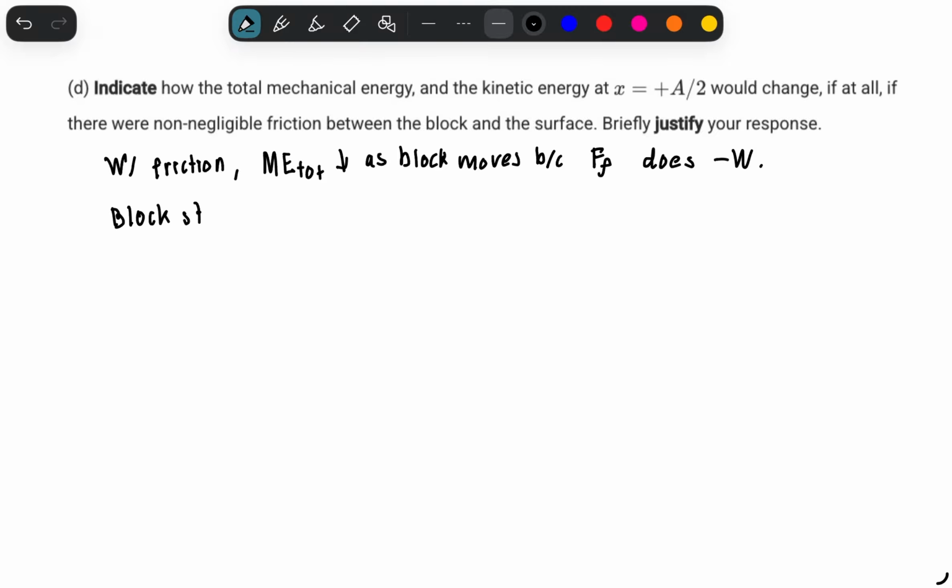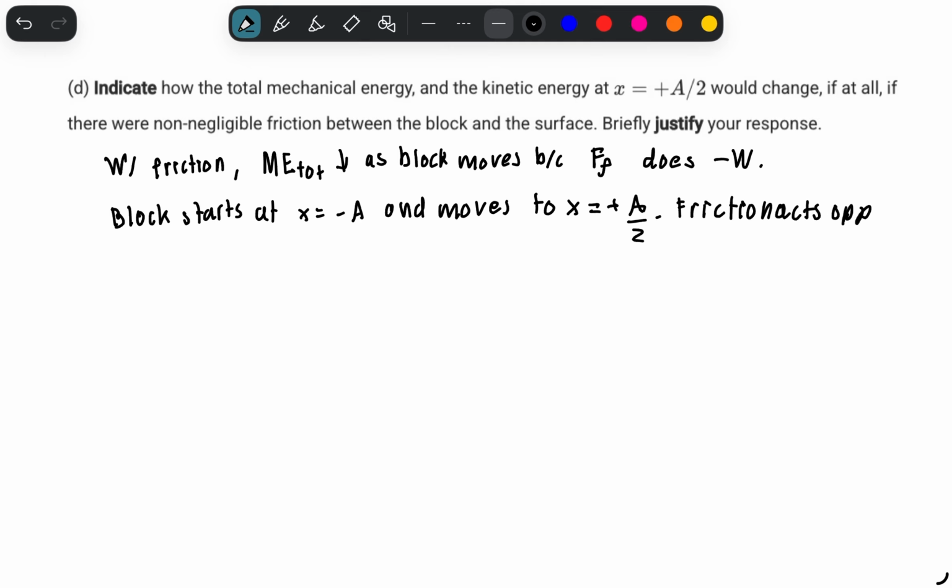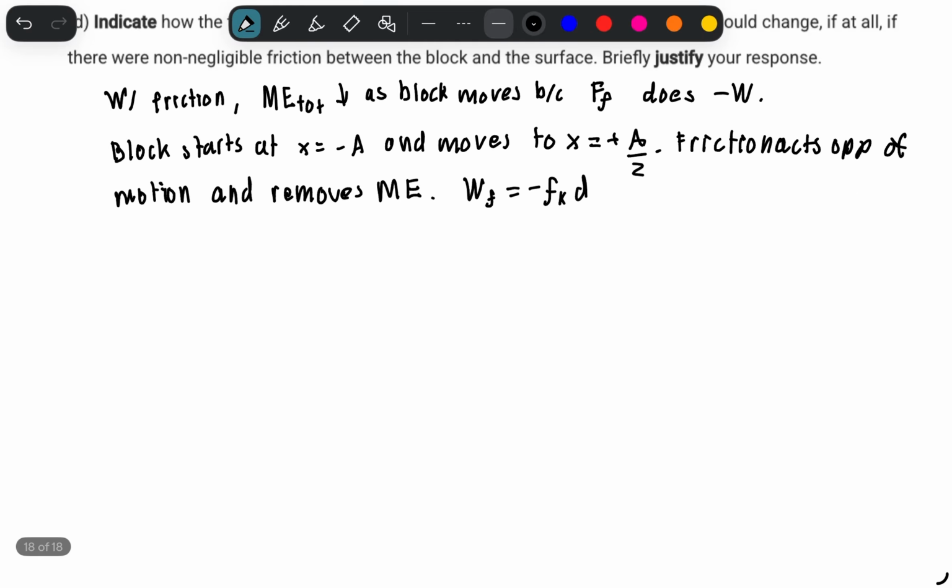So we know that our block starts at x is equal to a negative amplitude, and it moves to x is equal to a positive amplitude divided by 2. We know friction always acts opposite of the direction of motion and removes mechanical energy, because work done by friction is equal to negative Fk times d.